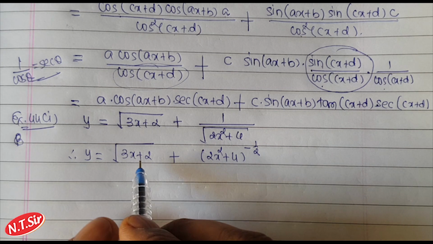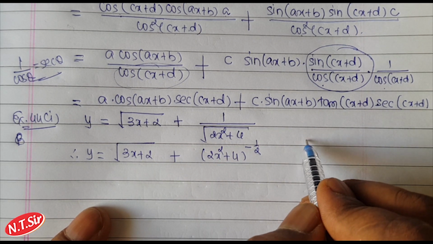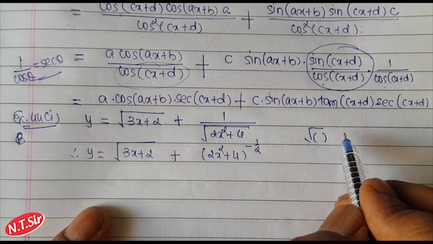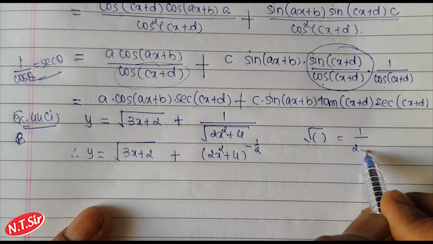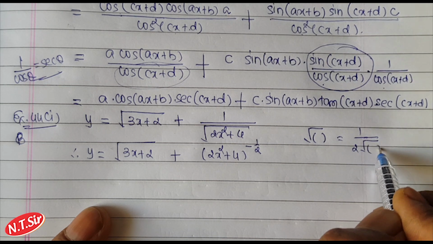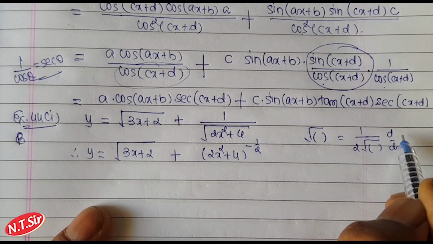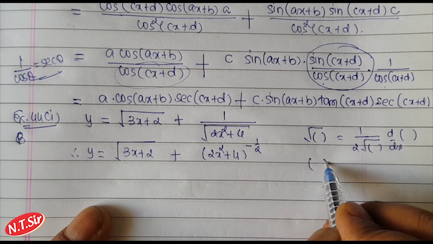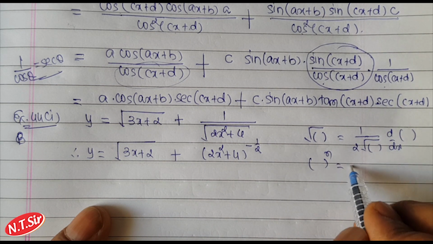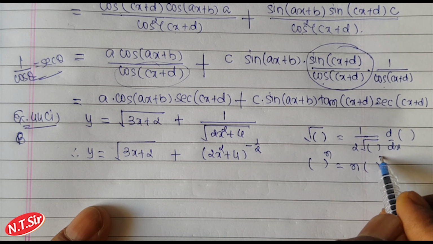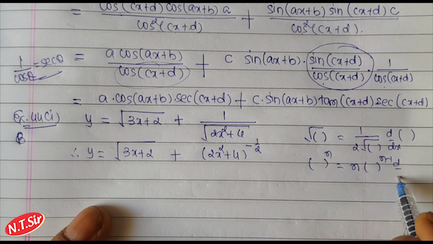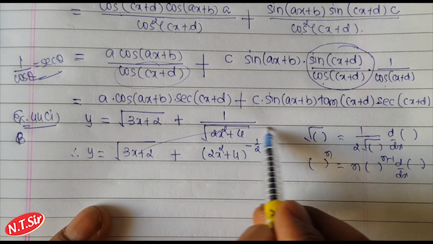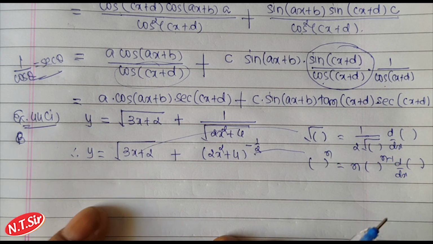So now you know derivative of root bracket is 1 upon 2 root bracket into d/dx of bracket, and derivative of bracket raised to n is n bracket raised to n minus 1 into d/dx of bracket. So applying first rule to here and second rule to here.